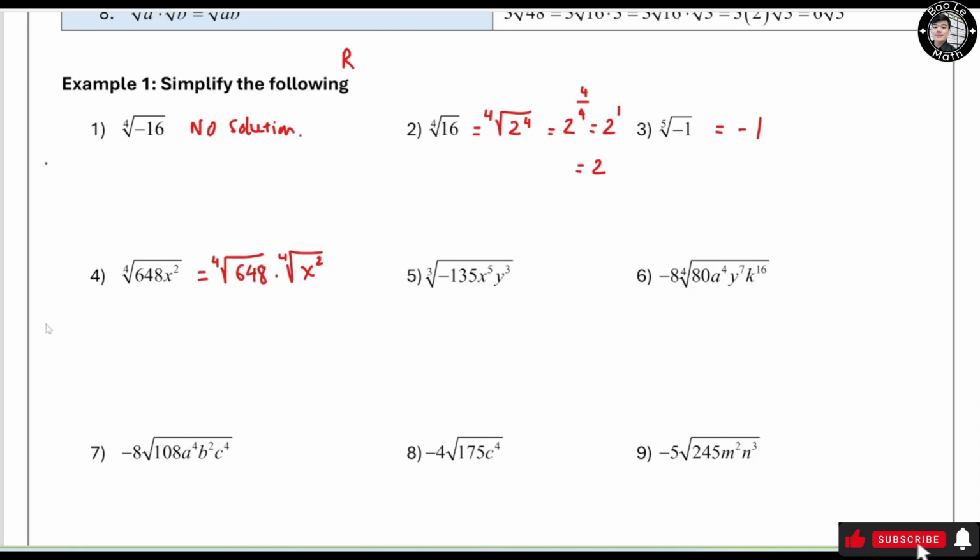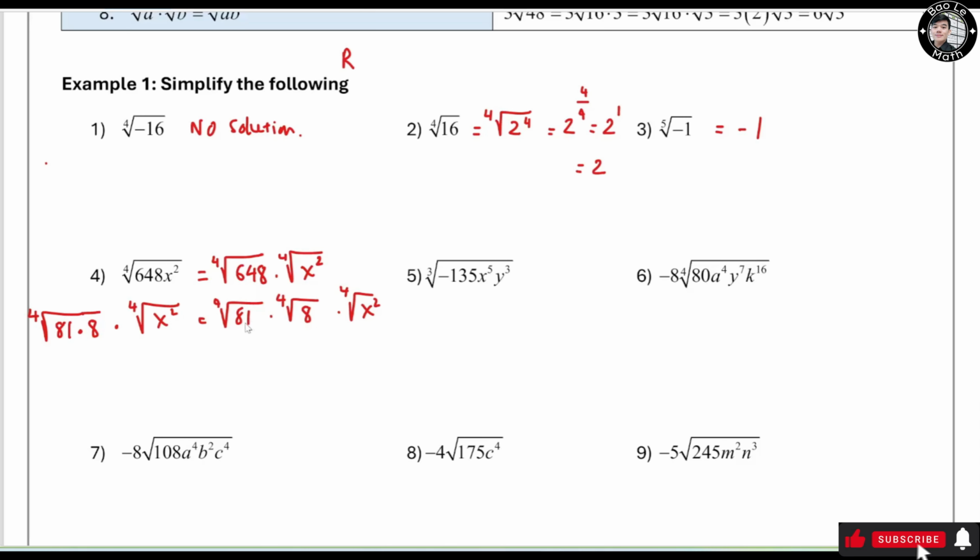Now 648 can be written as 4th root of 81 times 8, times 4th root of s squared, right? And it's going to be 4th root of 81 times 4th root of 8 times 4th root of s squared, right?